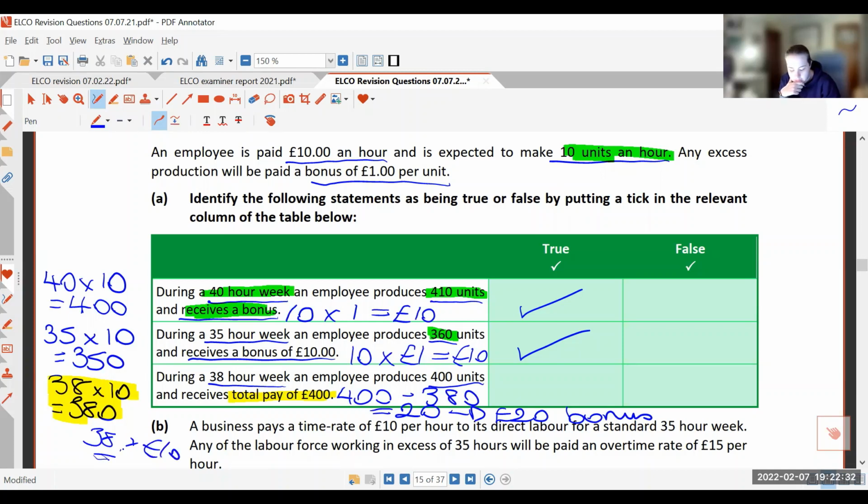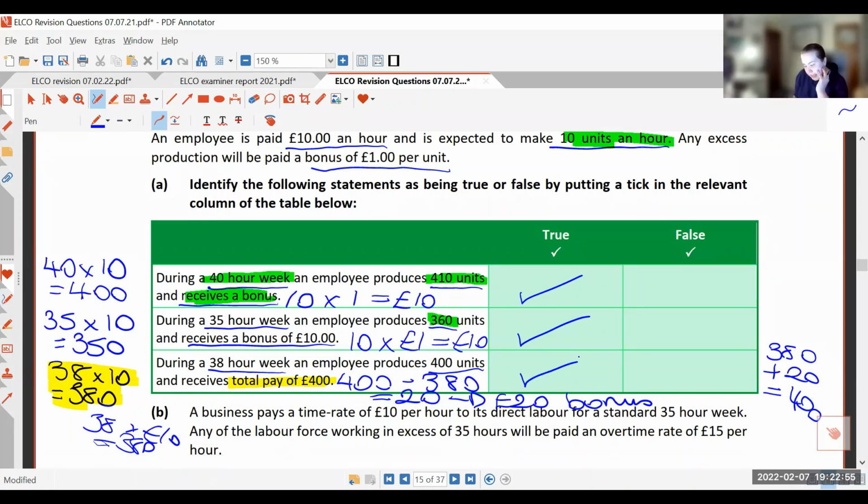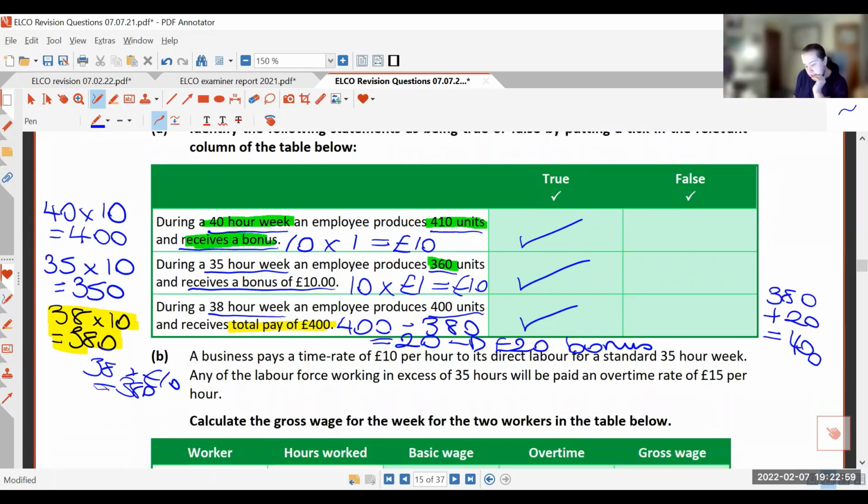That's going to be £380, plus our £20 bonus gives us, oh look, £400. So actually that one is true as well. We've got a full set there of true answers. Okay, that's quite a standard question that may get asked on this.